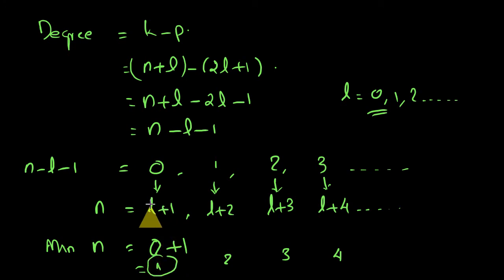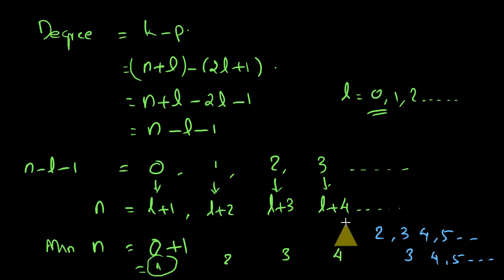And if you are substituting the next higher value of L, that is 1, then you will have the values like 1 plus 1, that is equal to 2, then 1 plus 2 is equal to 3, then 1 plus 3 is equal to 4, 5, etc. If you are going for the next higher value of L, that is 2, then 2 plus 1 is equal to 3, then 4, then 5, etc. In all these cases, you can see that the minimum value of N is equal to 1, and the other allowed values are 2, 3, 4, 5, etc. Right?